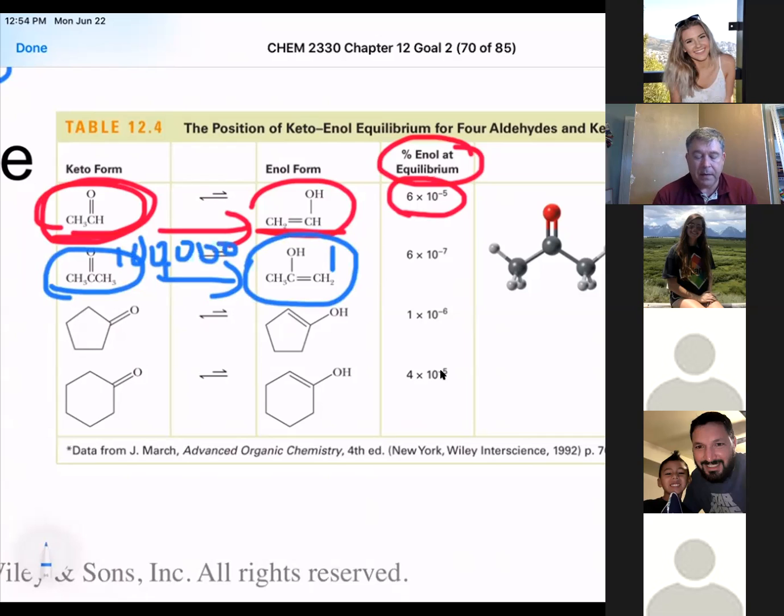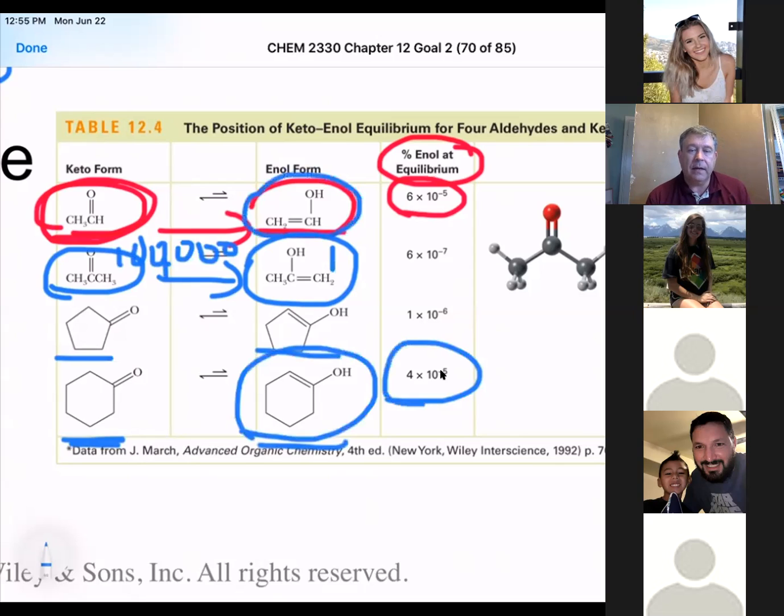And we get the same kind of shifts in the cyclohexanone and the cyclopropanone here, where notice the cyclohexanone is actually more common than the other forms right here. So there must be something about that reactivity there.